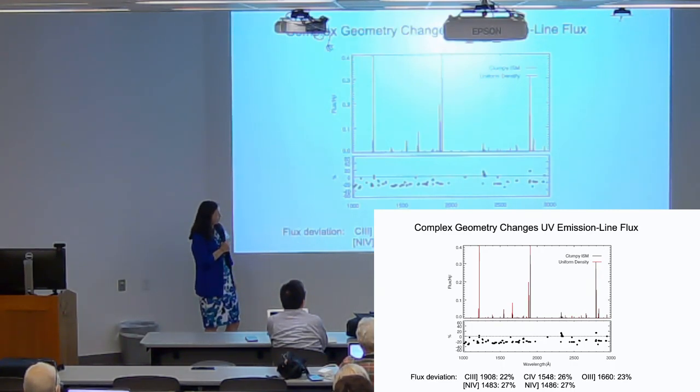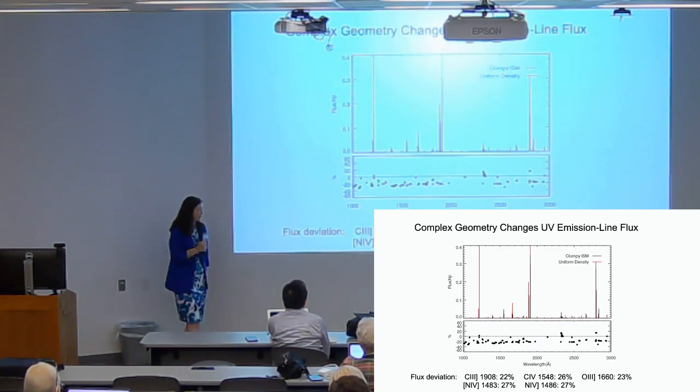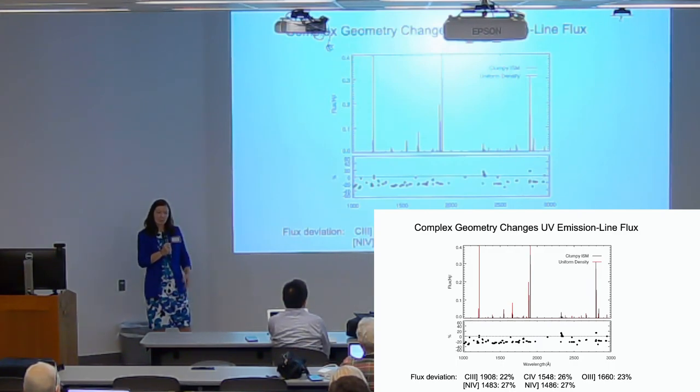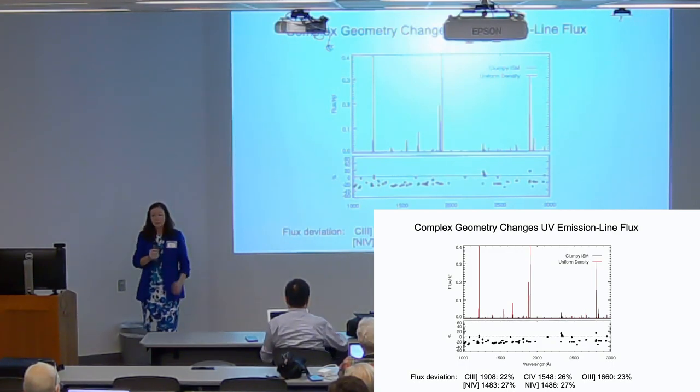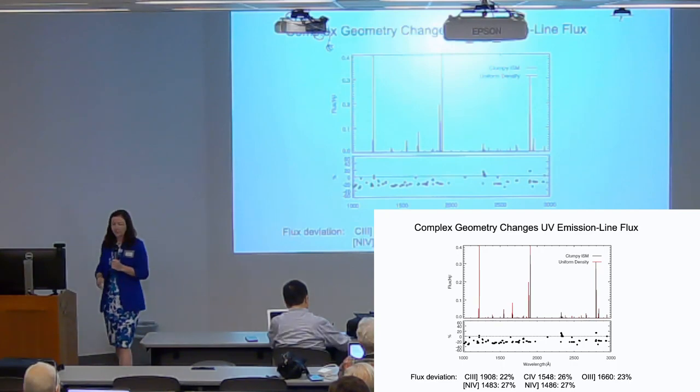Carbon IV at 1548 is a 26% difference. Oxygen III at 1660, 23%. Nitrogen IV at 1483, 27%, and nitrogen IV at 1486, 27%. So there's actually about a third change in flux for these lines. They get larger with our fractal geometry than we had with the spherical geometry.